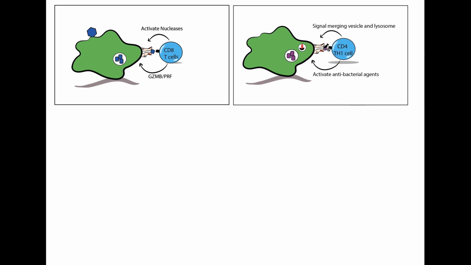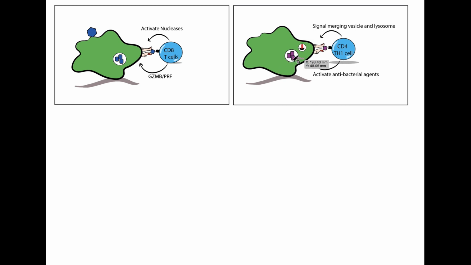Now, when a macrophage takes up a bacteria and breaks it down, and it's actually not able to kill it completely, that's where the adaptive immune system comes into play, because innate immunity is not sufficient to clear this pathogen.